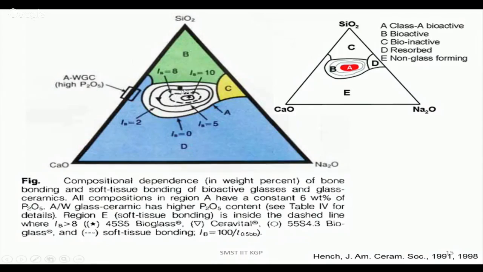And you see the dotted line. Within this dotted line, this glass has wonderful properties: it not only bonds to the bone, but also bonds to soft tissues. You can see here Class A bioactive material.